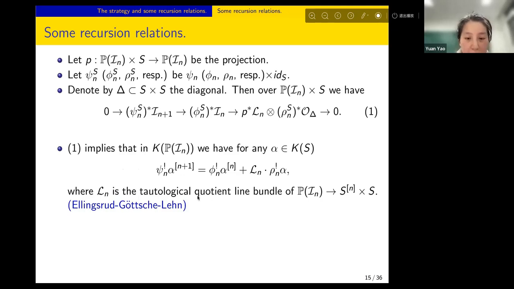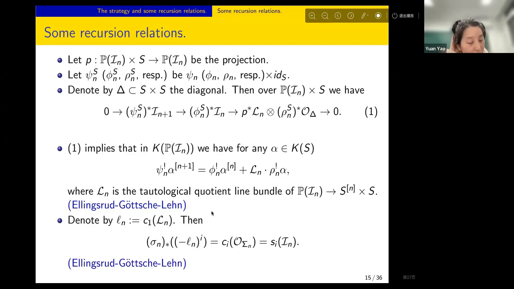So Ln is the tautological quotient line bundle of this quotient. So you have this tautological quotient line bundle. This is all from Ellingsrud-Göttsche-Lehn's paper. I just copy. And we denote by Ln this first Chern class. And also they prove this.